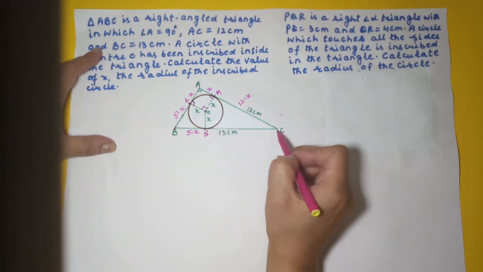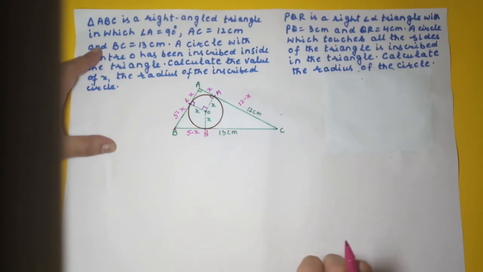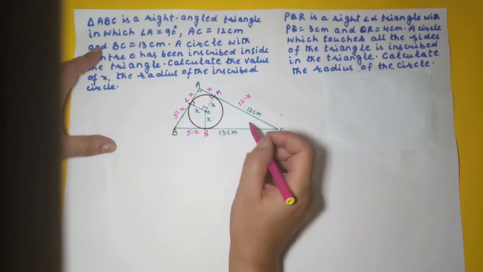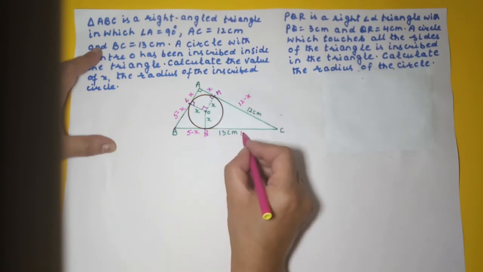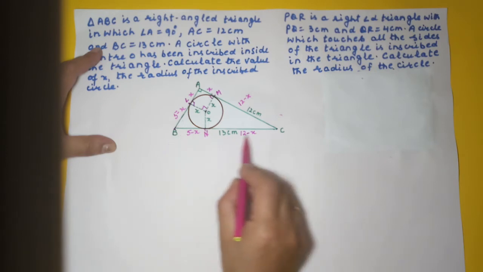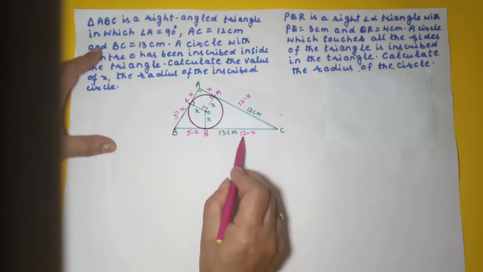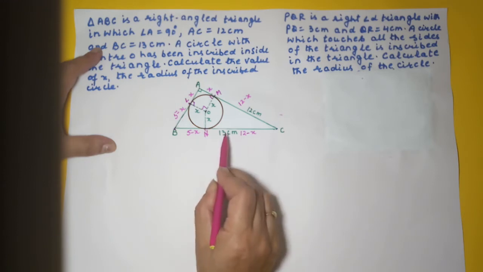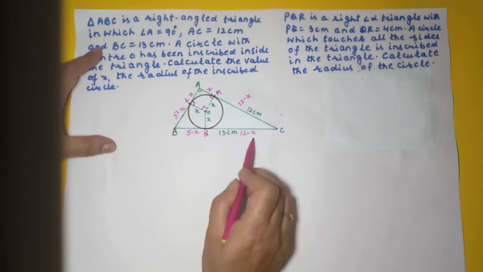Similarly here, C is the external point and CM and CN are two tangents drawn to this circle, right? So if this part MC becomes 12 minus x, this will also become 12 minus x, right? NC will become 12 minus x. But we know that entire BC is 13. So we will add up 5 minus x plus 12 minus x equal to 13. So we will be in a position to calculate the value of this x, right?